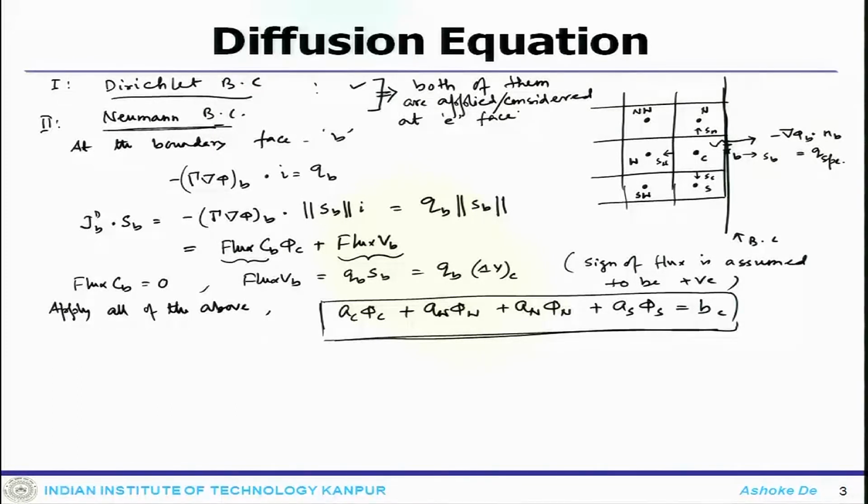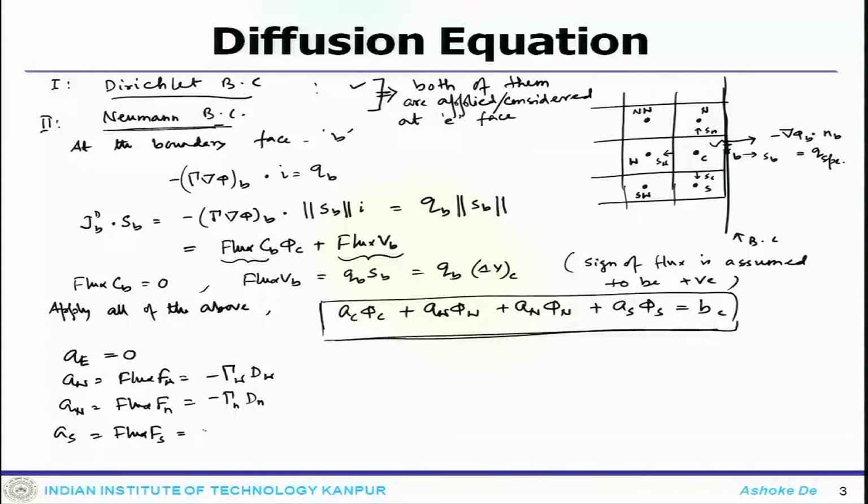That is why the representative discretized equations look similar, but the points which are going to be different are that AE is 0 here, AW would be flux FW which is minus gamma W dW, AN is flux Fn which is minus gamma n dn, AS is flux Fs which is minus gamma s ds, and we have AC which is the summation of faces and flux Cb.